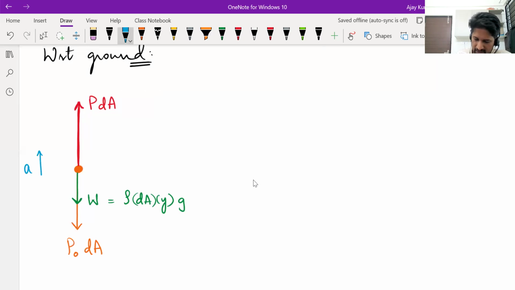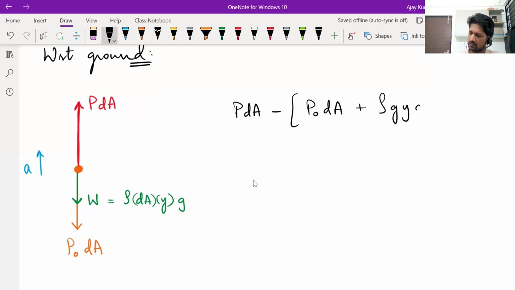So it has an acceleration A, it's not in equilibrium. So with respect to ground, if you write F net equal to ma, acceleration is in the upward direction. So you will consider upward force minus downward force. What are the downward forces acting on it? P naught dA is acting and its own weight is acting, rho g y dA. This is the net force, should be equated to mass into acceleration.